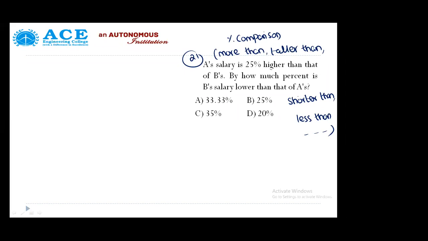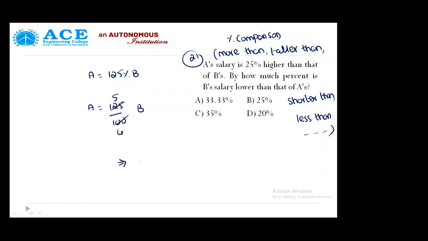Now here, A's salary is 25% higher than that of B. Fine. A's salary is 25% higher than that of B, which means A is 125% of B. Now 125% means 125 by 100, right? This is 5 by 4.